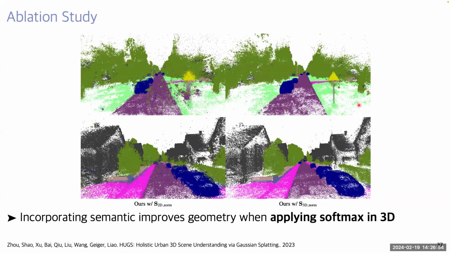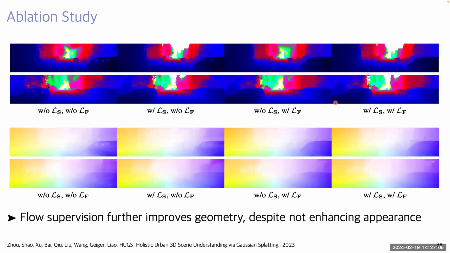If you incorporate the semantic information and apply the softmax in 3D space, the 3D reconstruction looks quite plausible. We also show that the flow supervision further improves the geometry, which makes sense because flow provides dense correspondence between two frames. This also allows us to further improve the depth.